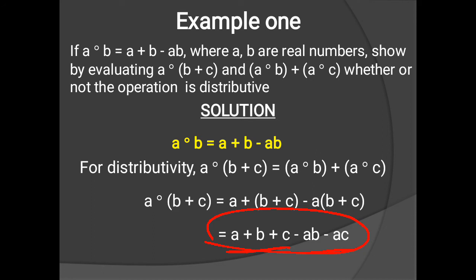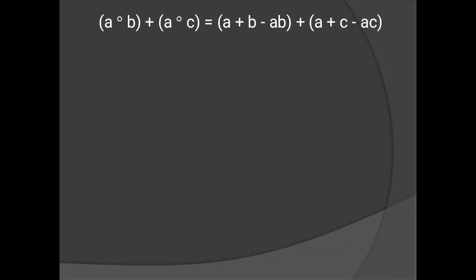So now let's try the expanded form and see if it gives us the same answer. Now you can see with the expanded form, this is an operation, and this is also another operation, meaning we have to solve what is in each of the parentheses. The first parenthesis will be solved using the rule. The second parenthesis will also be solved using the rule.